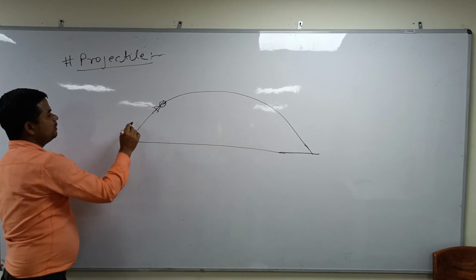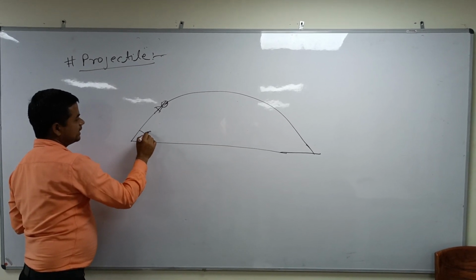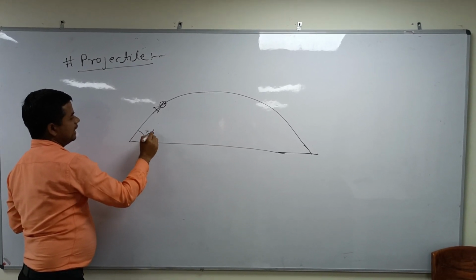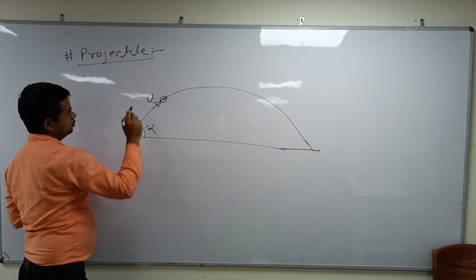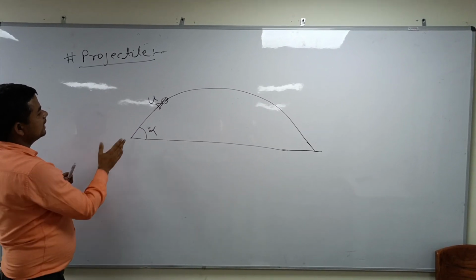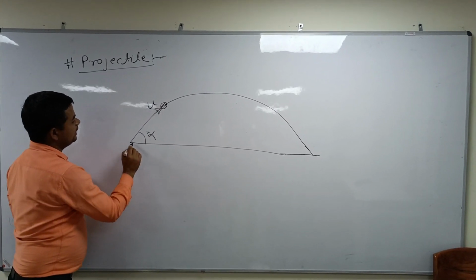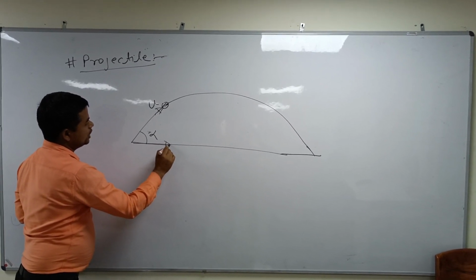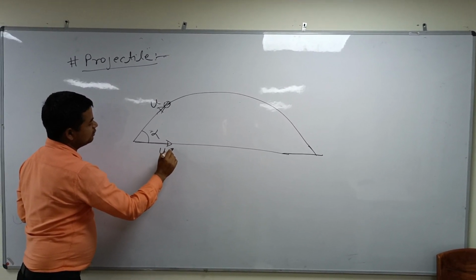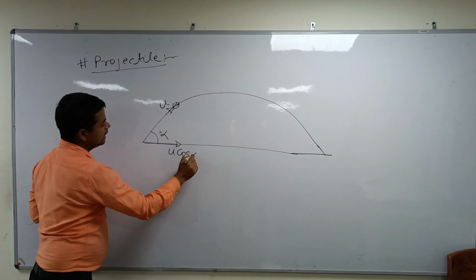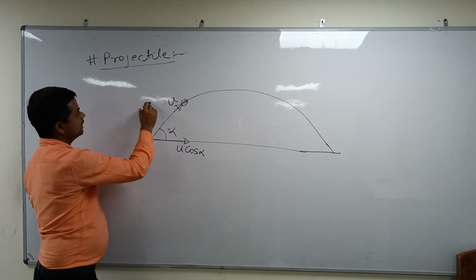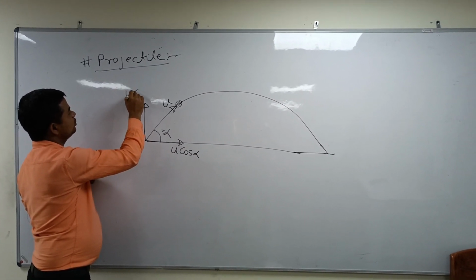If we throw this particle at an angle alpha with initial velocity u, then initially it has two components. In the horizontal direction it is u cos alpha, and in the vertical direction it is u sin alpha.